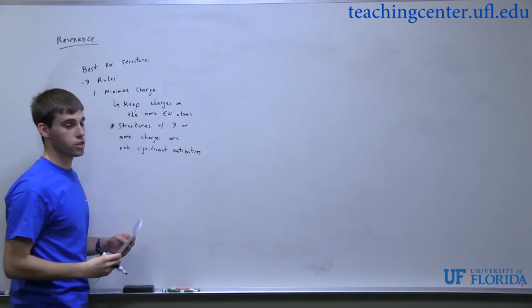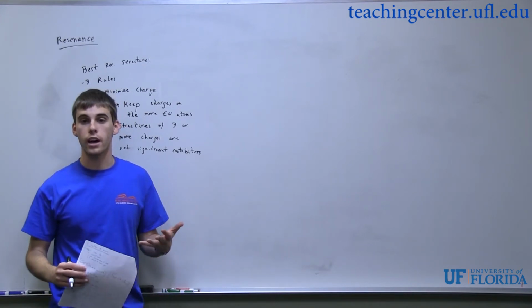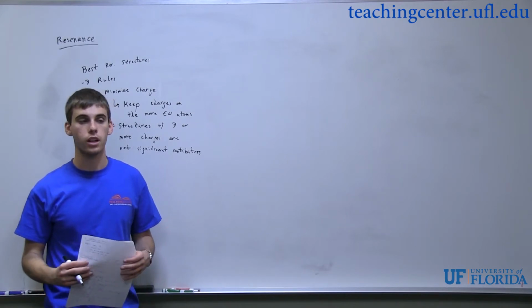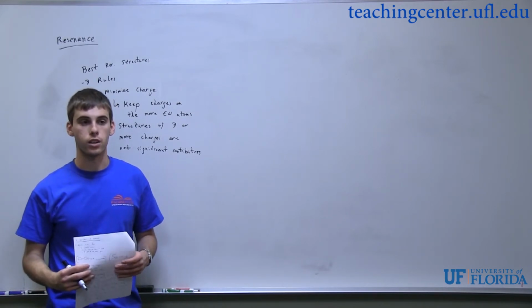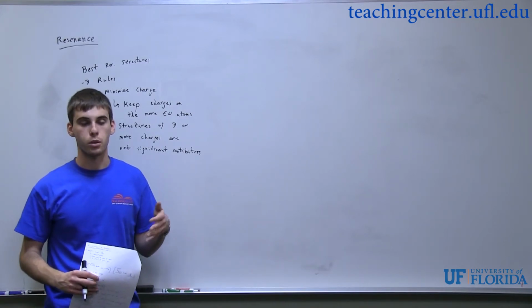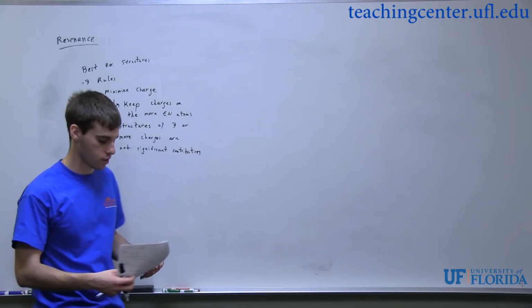If on your exam it says draw the resonance structures of this molecule, and one has 3 charges, it doesn't contribute anything. It's so unstable that it's not really a part of that weighted average. Think of it as taking an average of, say, 3 numbers, and one of those numbers is 0.0001. It's not really going to make a difference to the average.